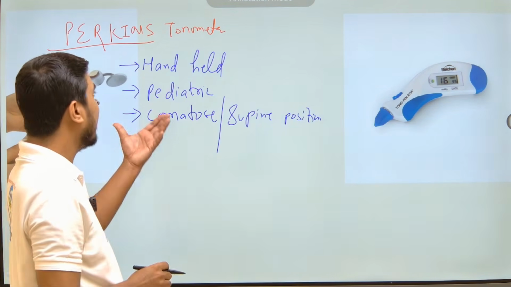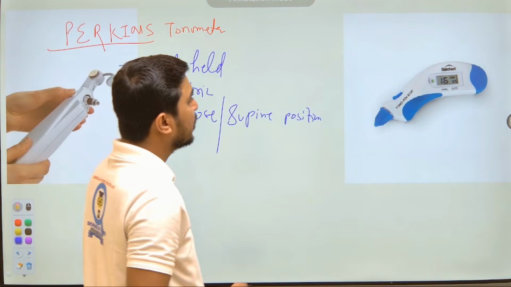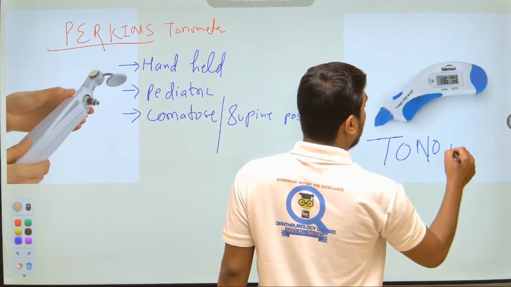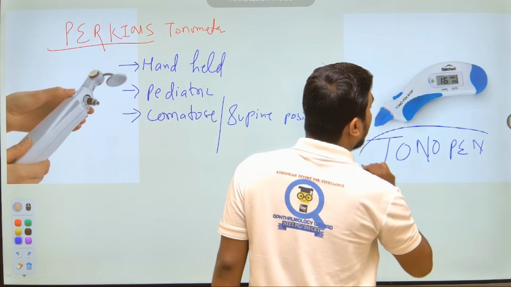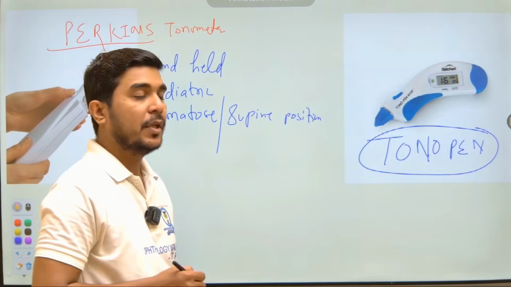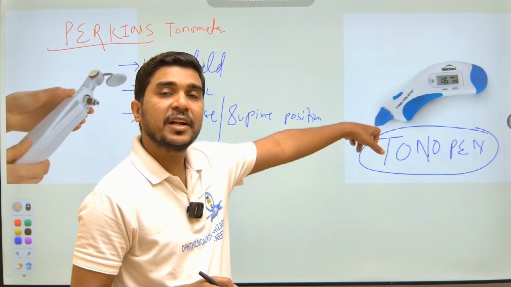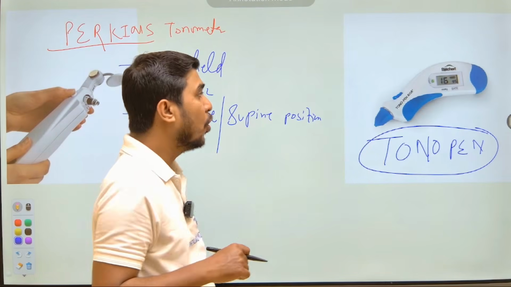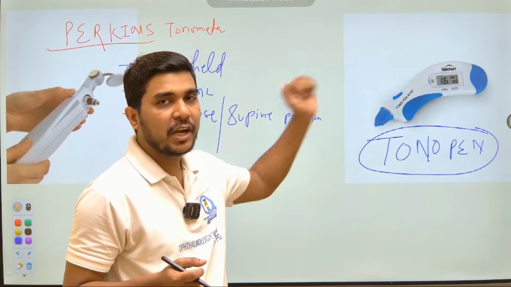This is called Tono-Pen tonometry. This is an electrical transducer, and it can be used over a bandage contact lens. Over the contact lens also it can give you the reading.